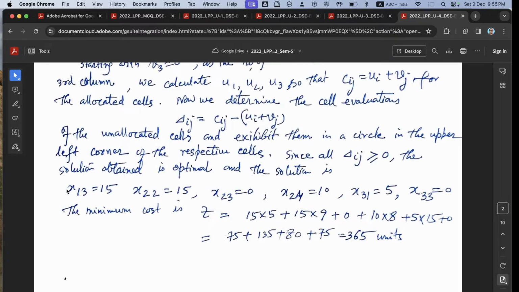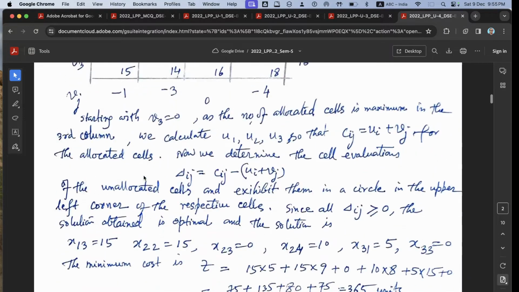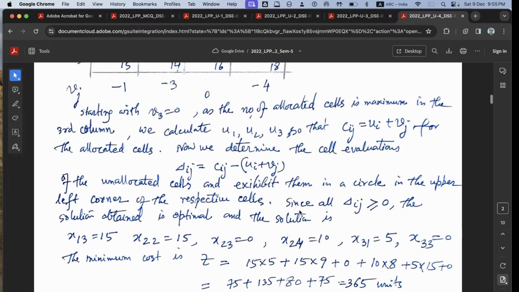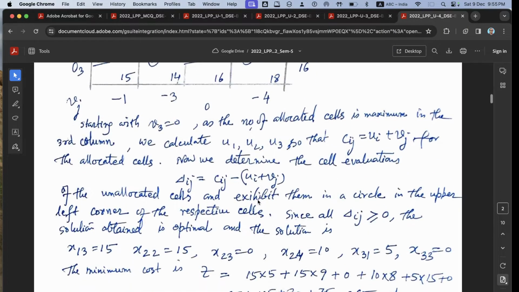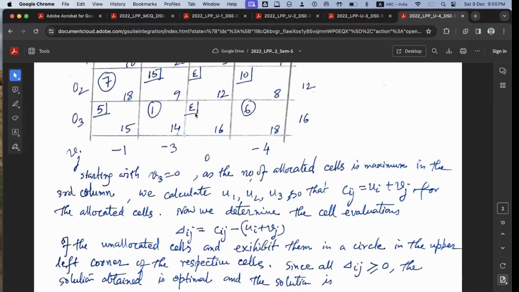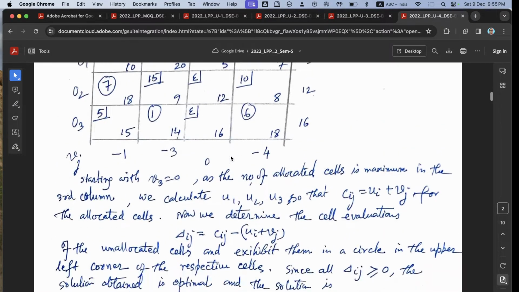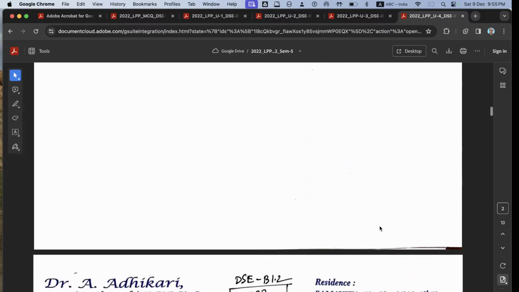And the optimal solution is x13 is 15, x22 is 15, x31 is 5, x24 is 10, and x33 is 0, x23 is epsilon, which tends to 0. So the minimum cost is 365 units.